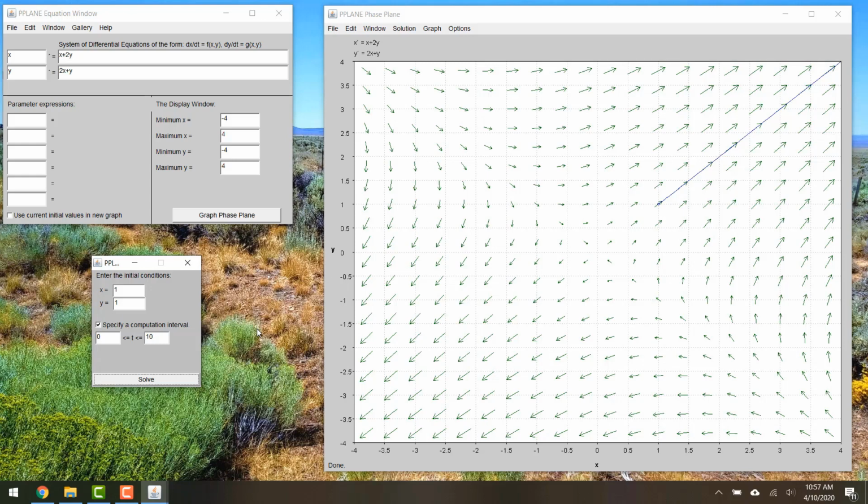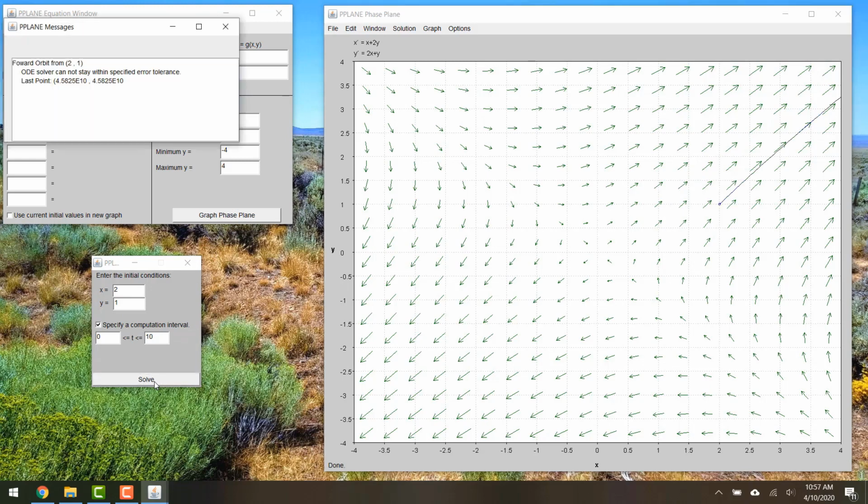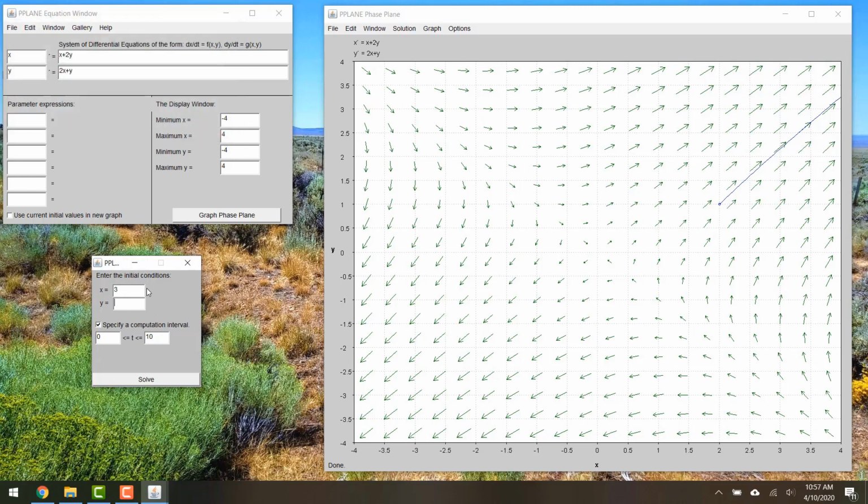And if your solution starts anywhere off of these lines, like 2, 1, and say solve, let's clear that one first, you actually get a solution that is not riding a line. It started at 2, 1, and it's approaching that line, if you will. It's heading off towards infinity. Let's go out to 3 and -2 and put a point down in the fourth quadrant.